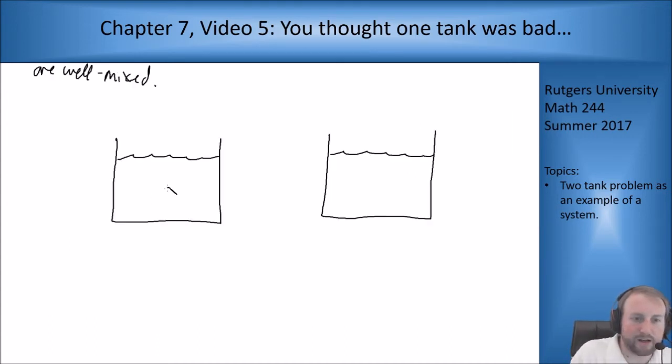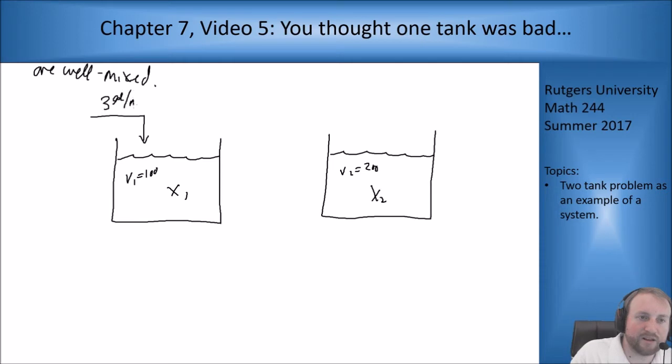So I have X1 over here, and V1 is 100 gallons. I have X2 over here, and V2 is 200 gallons. I have an inflow stream that's 3 gallons per minute and 1 pound per gallon.